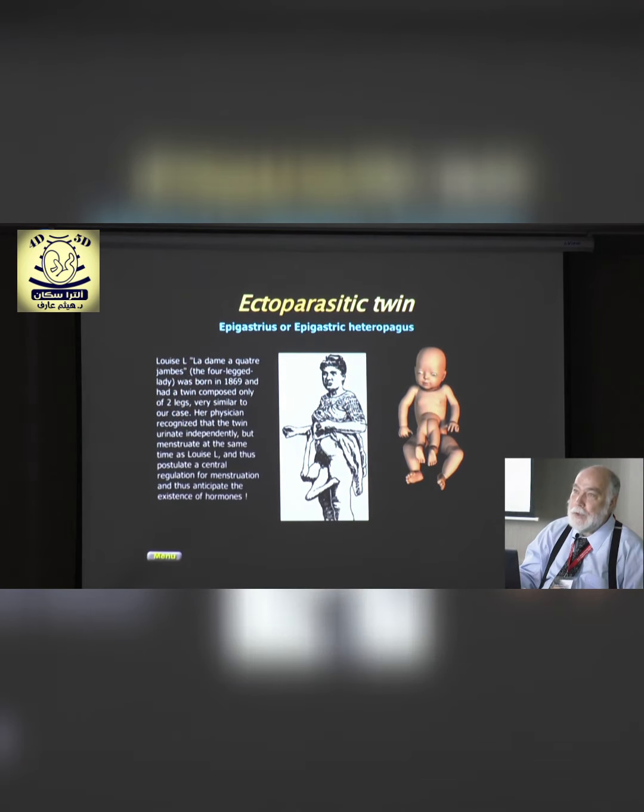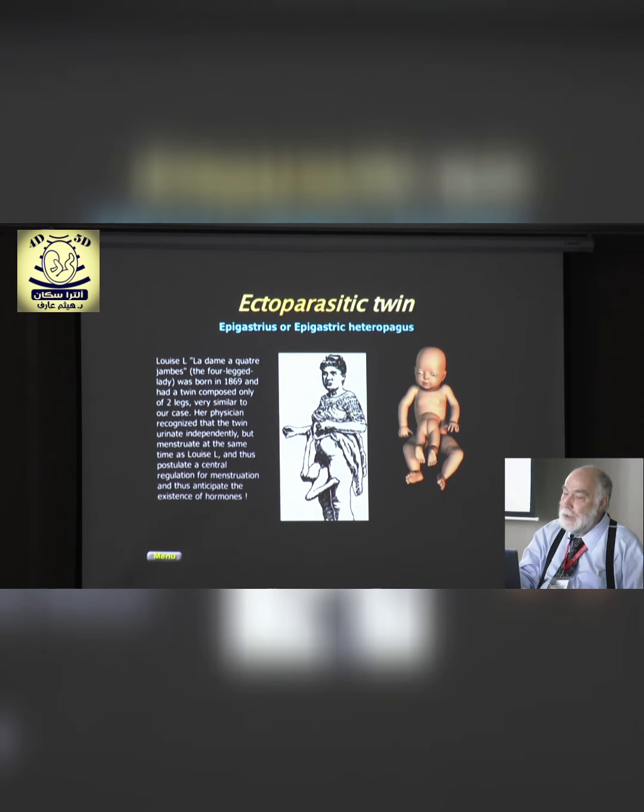And then this is one which I think is very interesting. This is a French one. She was called the four-legged lady, and she was born in 1869. And as we have seen in the previous lecture, in 1869 there was almost nothing in medicine. In particular, proteins had not been recognized, and hormones had not been recognized.